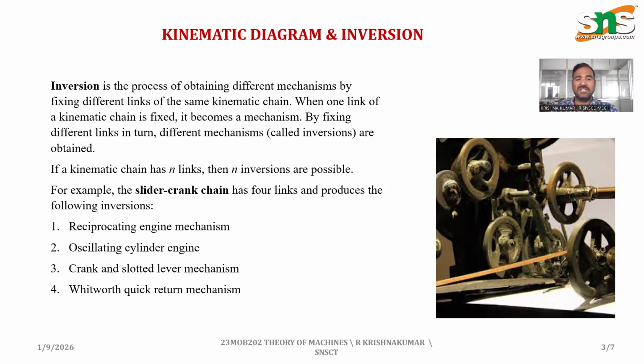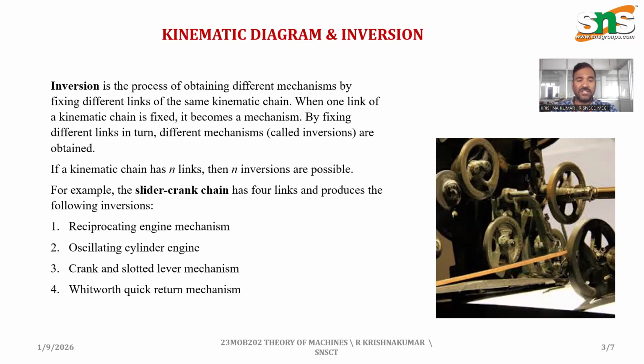Inversion is the process of obtaining different mechanisms by fixing different links of the same kinematic chain. When one link of a kinematic chain is fixed, it becomes a mechanism. By fixing different links in turn, different mechanisms, called inversions, are obtained.